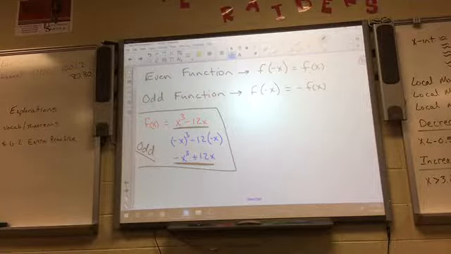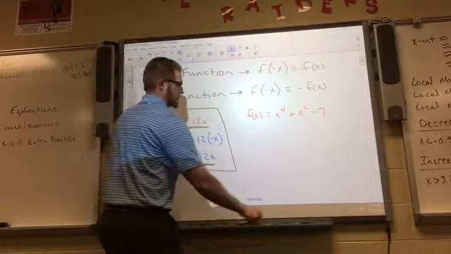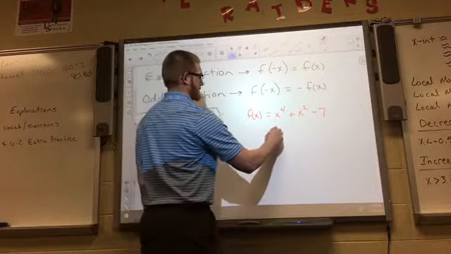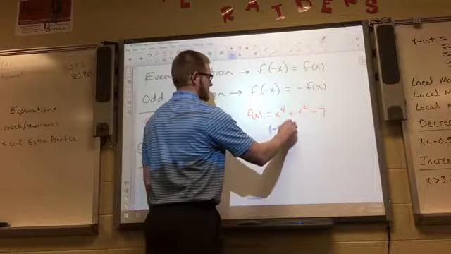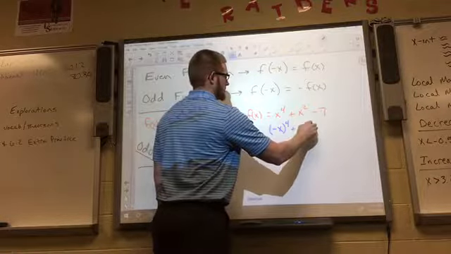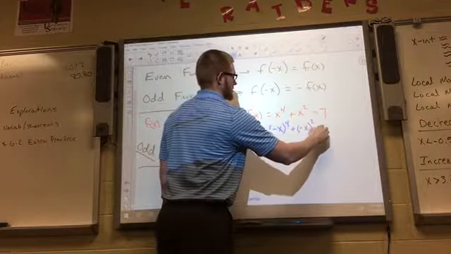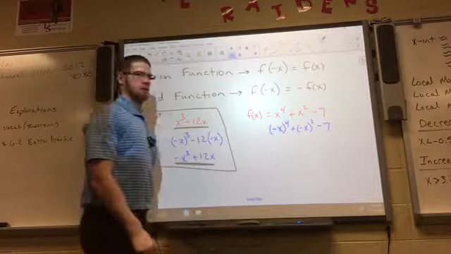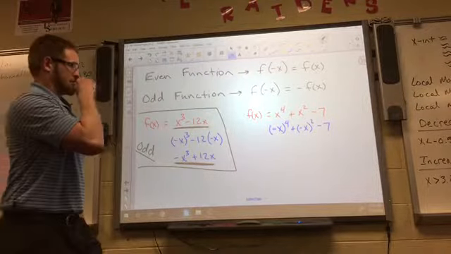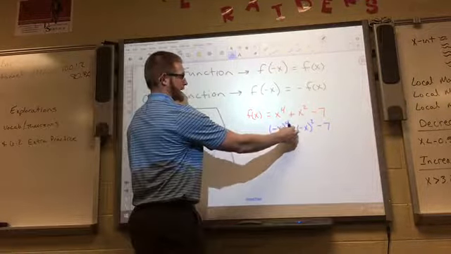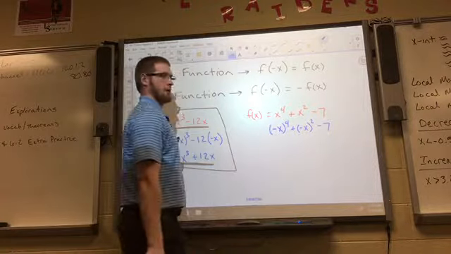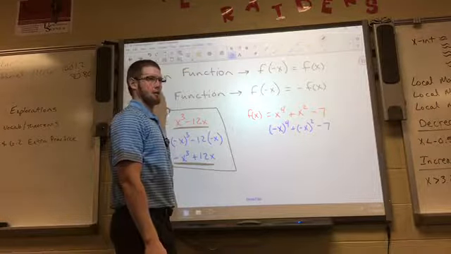So I still have to do the exact same thing. I'm going to take all these x's and I'm going to turn them into negative x's. And after a while, you're going to be able to do this pretty quickly. Okay? Anything to an even power, any negative to an even power is going to go positive, right?